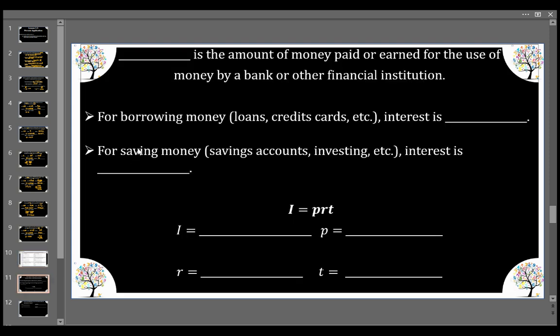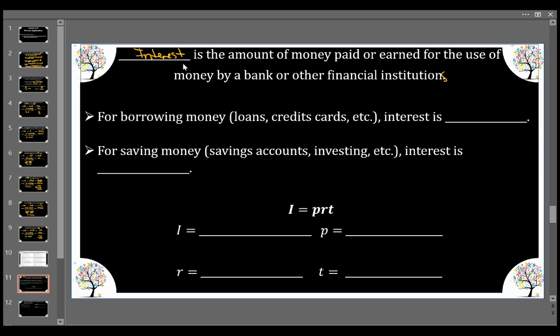Okay, now let's talk about simple interest. Interest is the amount of money paid or earned for the use of money paid by a bank or other financial institutions. So if you borrow money, you have to pay that money back plus a percent in interest.